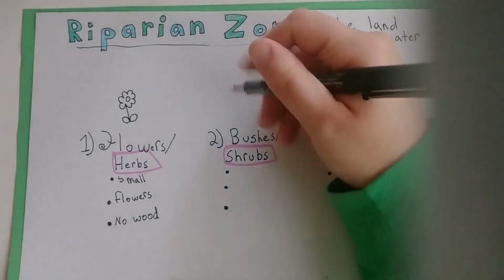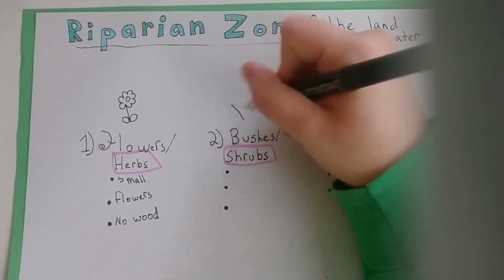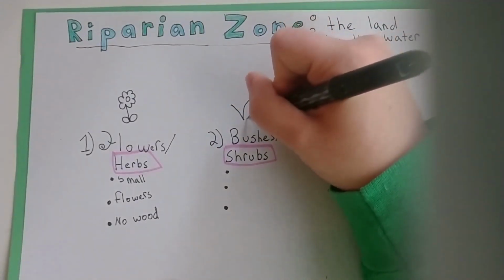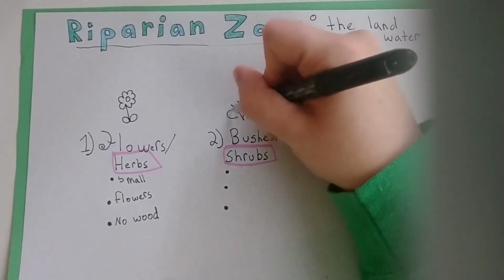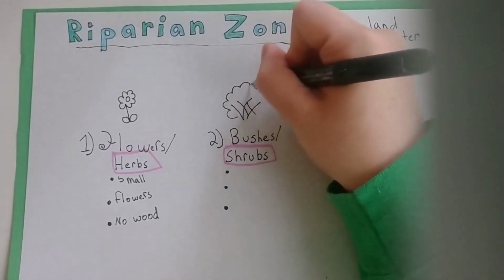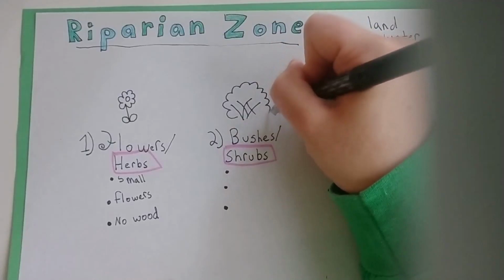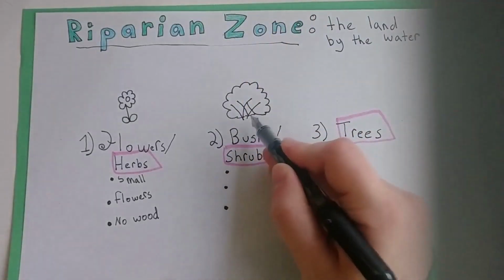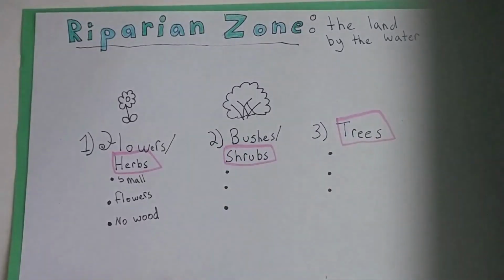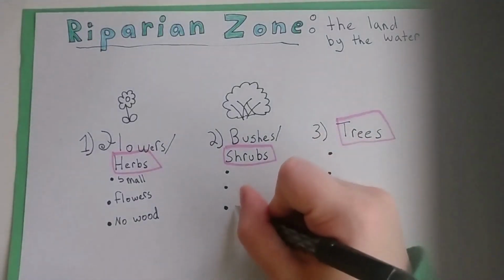Shrubs, on the other hand, so this is my shrub. We're Bob Rossing it. As you can see with shrubs, there's no central trunk, which is really important. So there's a lot of stems.